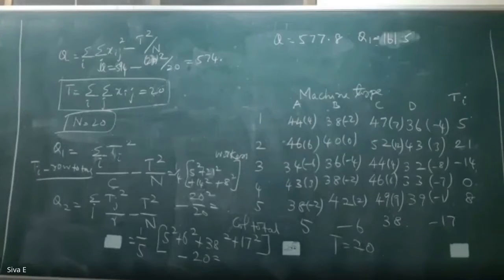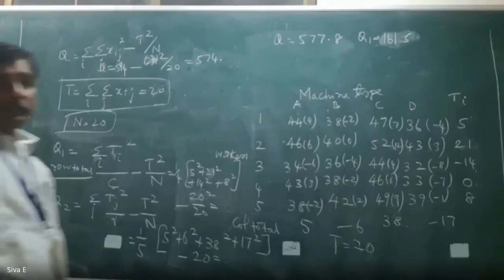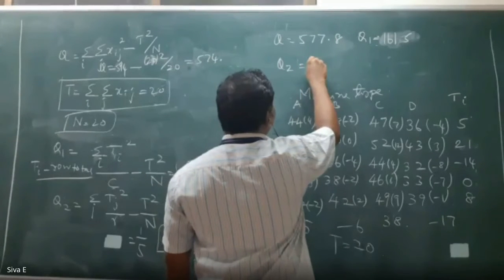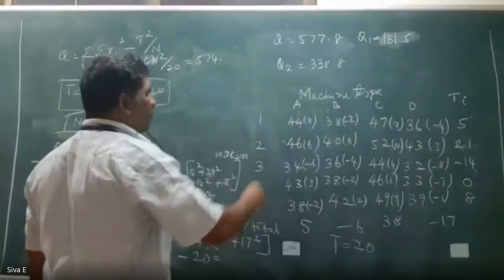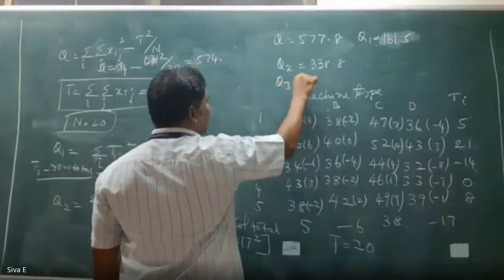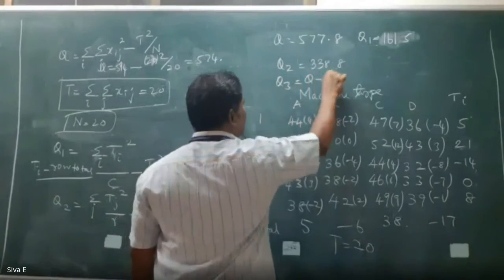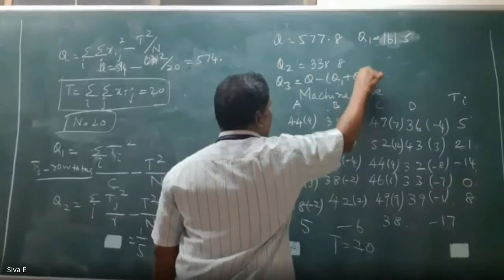What is the value? Q2? 338.8. So we have to find Q3. Q3 equal to Q minus Q1 plus Q2.